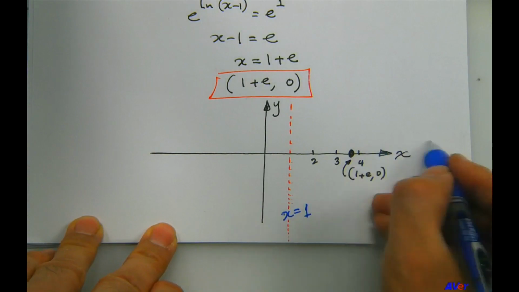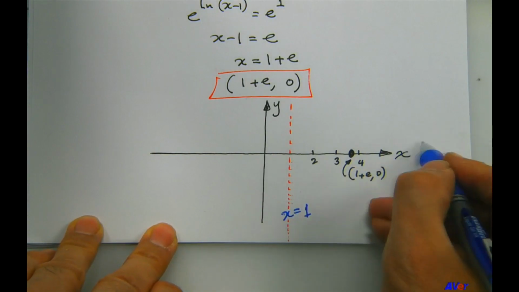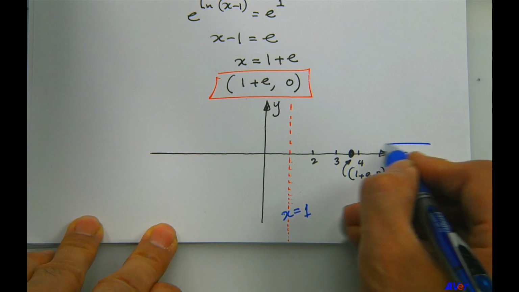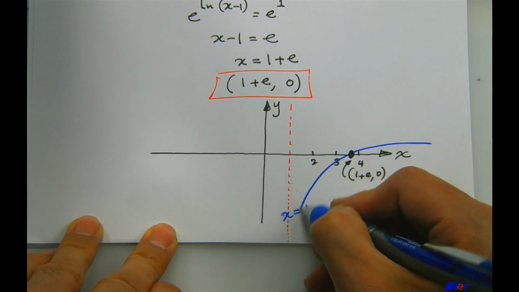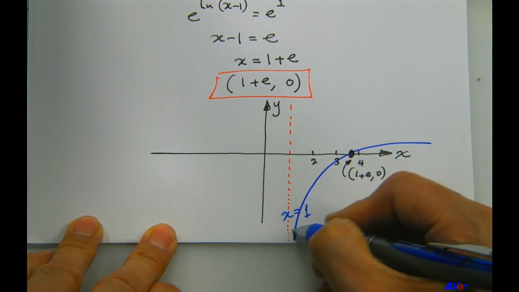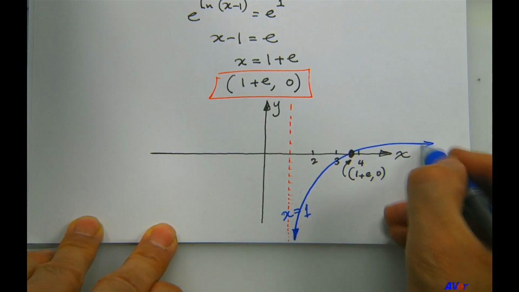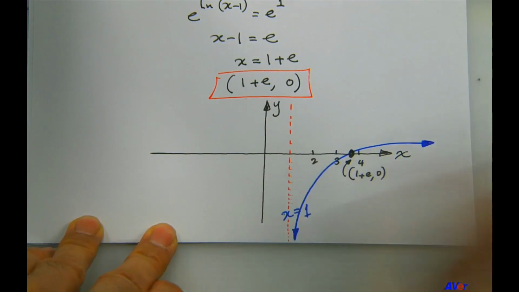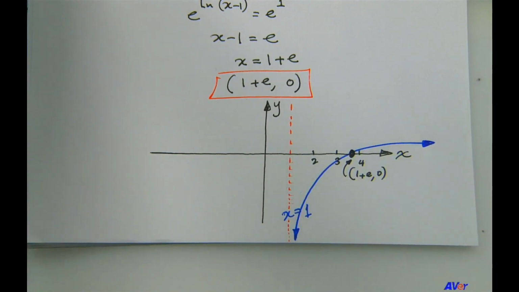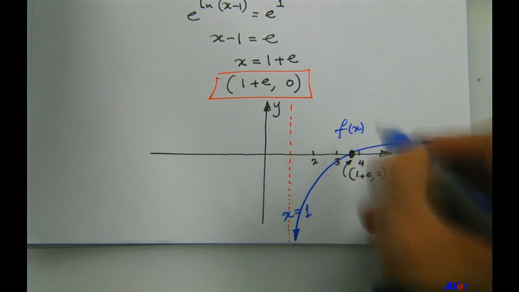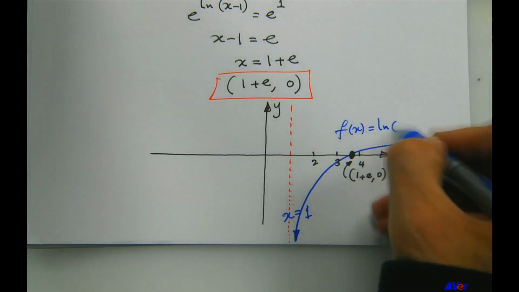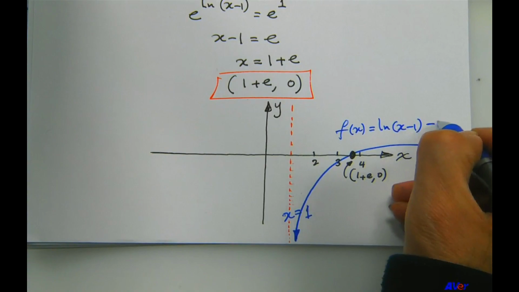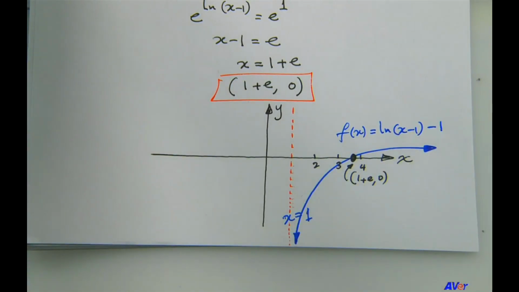It would be an increasing function going that way, like that. So this is increasing. And let me write f of x equals natural log of (x minus 1) minus 1. Okay, so that's what we have, a quick graph of that.